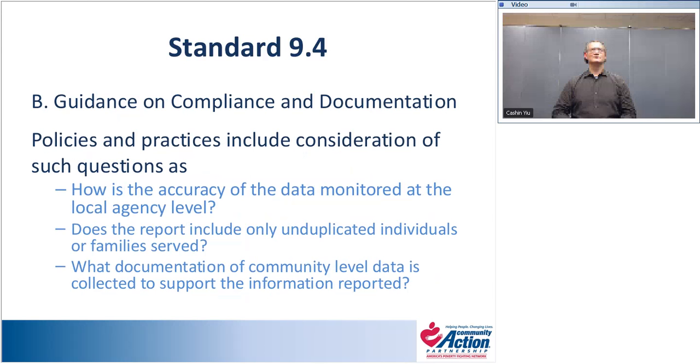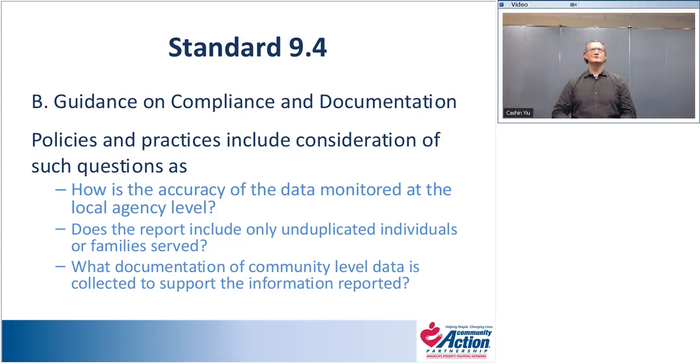How is the accuracy of the data monitored? Sometimes I'll look at agency data and I'll say, oh, this data can't be accurate because the number of people who achieved an outcome is higher than the number of people who received the service. So is there a simple check of accuracy?